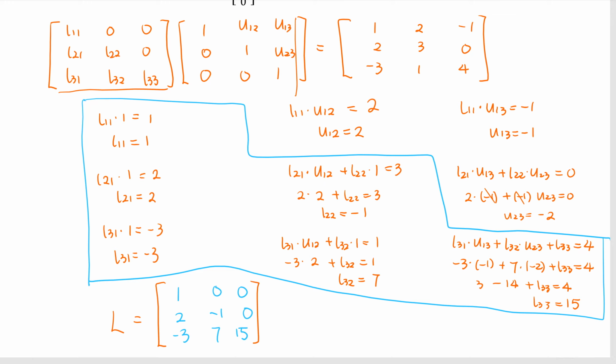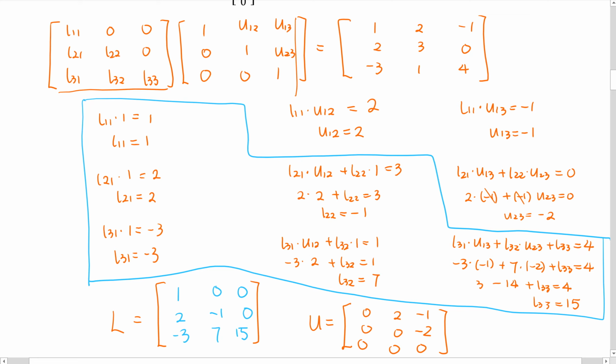So far, so good, everybody. U is 0, 2, minus 1, 0, 0, minus 2, 0, 0, 0. So far, so good, everybody? Okay, so keep those in mind.